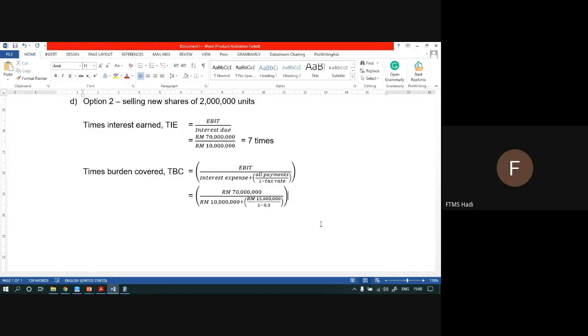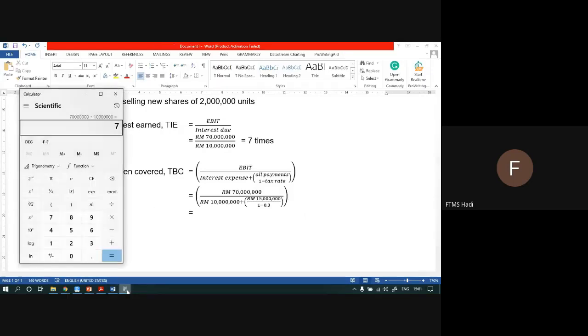If you press the calculator, going down first, 15 million divided by 0.7, because 1 minus 0.3, and then plus 10 million, you get 31,428,571.